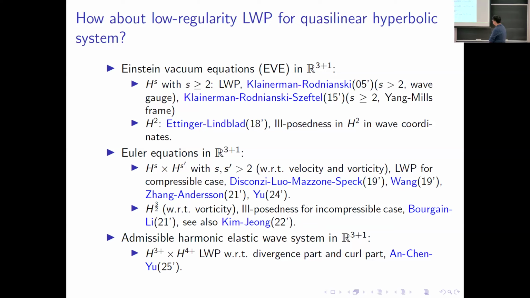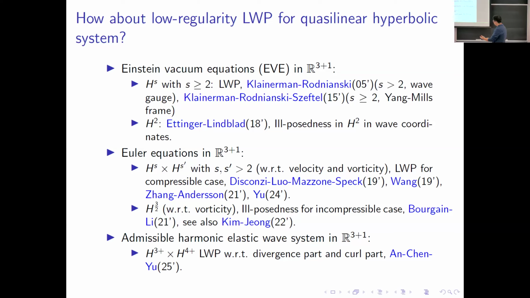Okay, the other system is the Euler equations in R^{3+1}, and also here we have low regularity local ill-posedness. We know that the compressible Euler equation is locally ill-posed in H^s cross H^{s'}, with both s and s' larger than 2, with respect to velocity and vorticity.